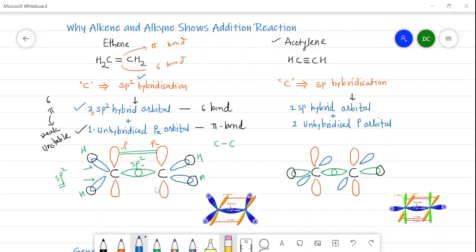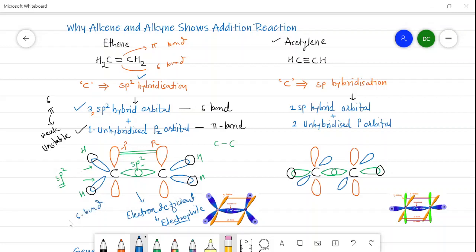So here this pi bond undergoes a reaction with the electron deficient species, and that electron deficient species is called an electrophile. So the alkene molecule undergoes a reaction with the electrophile, and when it undergoes the reaction, it will break a pi bond and form new sigma bonds.